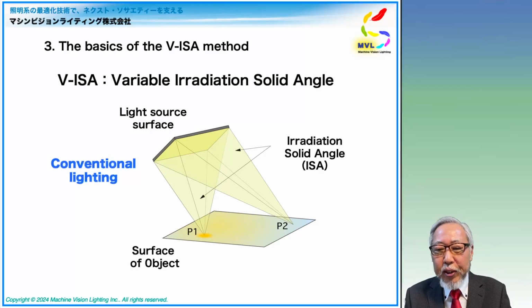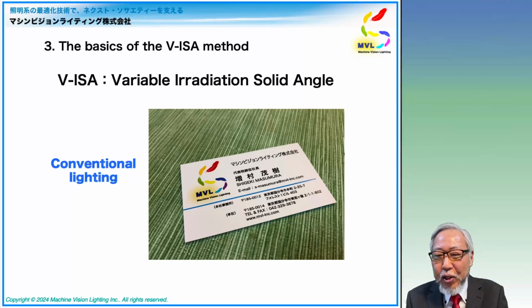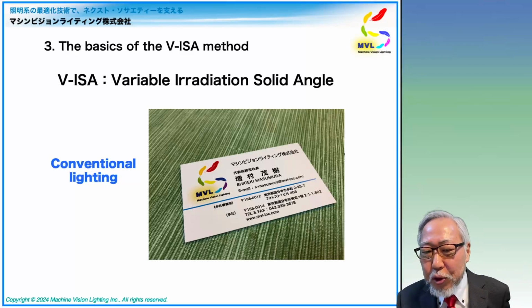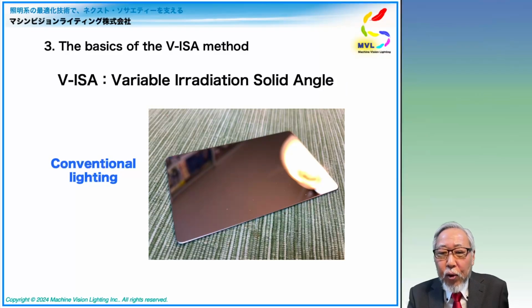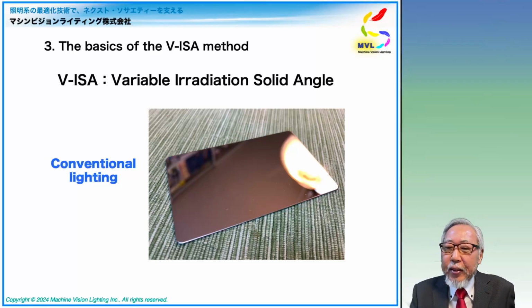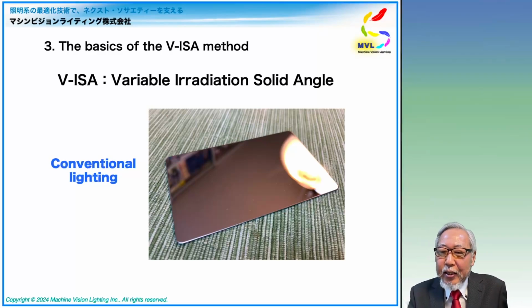If the illuminance of P1 and P2 is almost the same, a business card, my business card, that emits scattered light will look uniform. Well, it looks almost uniform. But if you place a mirror that only reflects direct light on this, you won't be able to see anything at all. This is not like looking at the surface of the mirror. The image becomes as if you were looking at the ceiling and the ceiling light source.